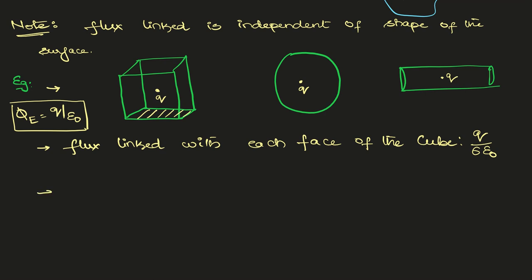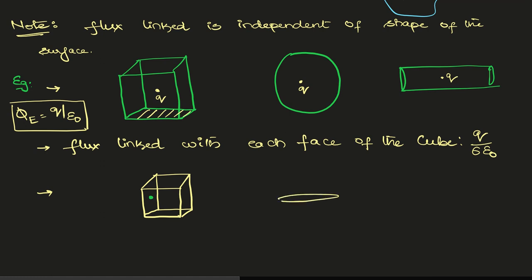And similarly, just look at this. If they give like this, there is a cube and a charge is placed on one face of the cube, or if you are given a hemisphere, or if you are given a cylinder, with the charge placed on the base, then we have to construct an imaginary Gaussian surface which is identical to the original surface.